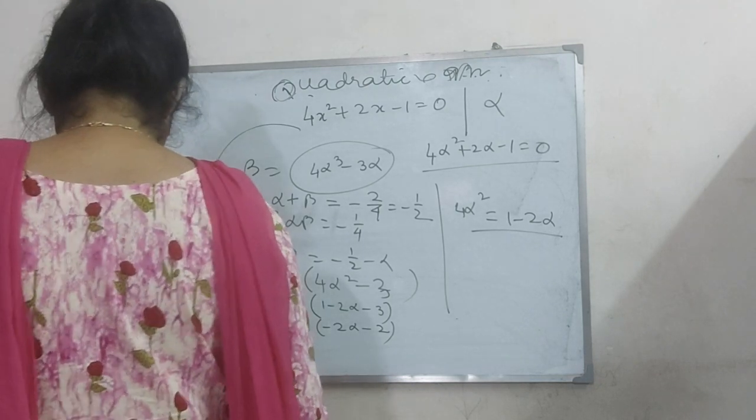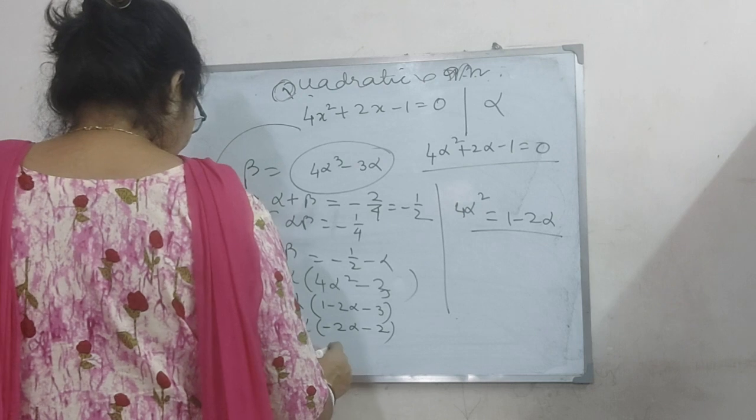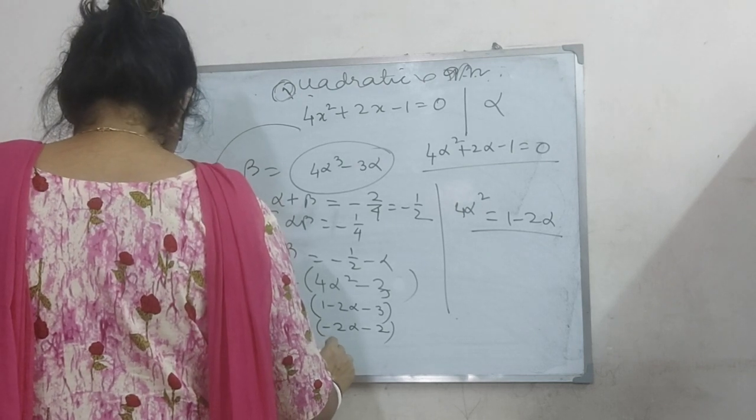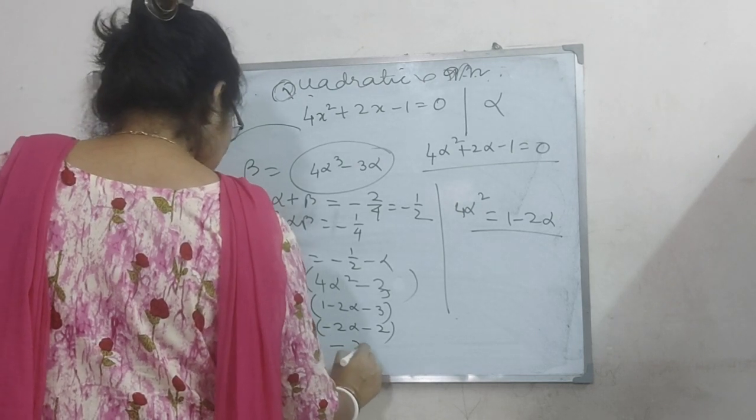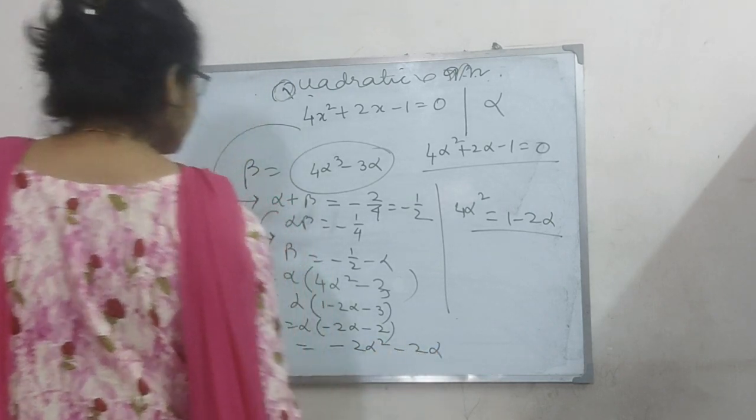That means minus 2 alpha square minus 2 alpha.